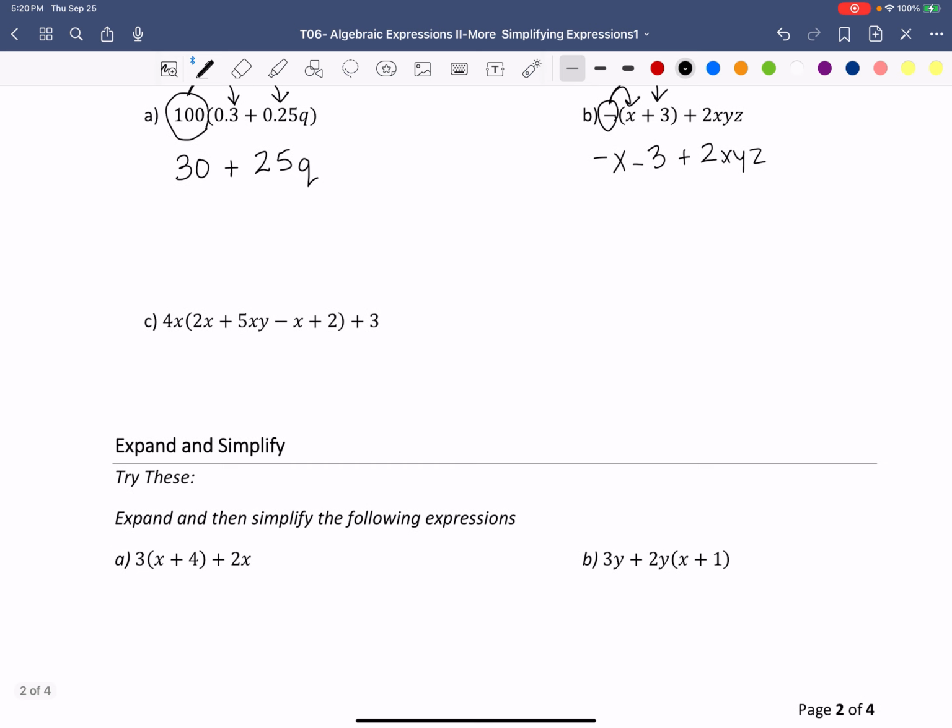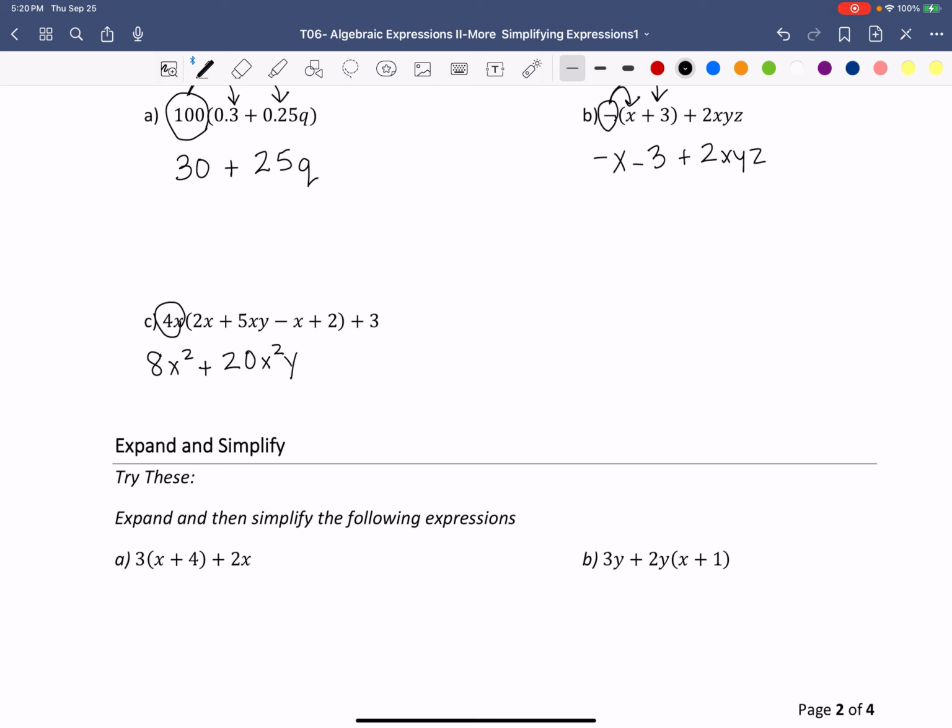Question C, same thing. We're going to distribute the 4x into the bracket here. Again, there's also going to be some exponent rules that we can apply here. First one, 4x times 2x is going to give us 8x squared. 4x times 5xy is going to give us 20x squared y.